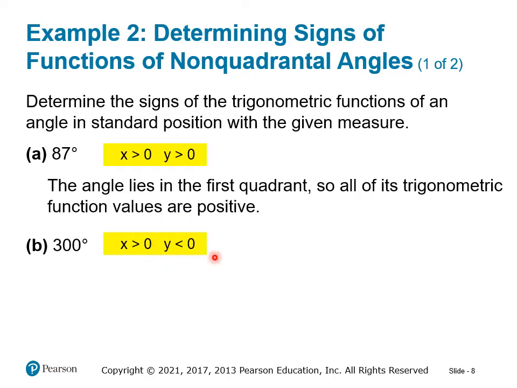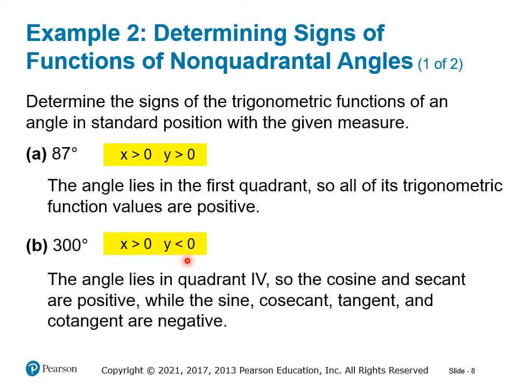Sine is negative because y is negative, and because x and y are different signs, then tangent will also be negative. Okay? So sine, cosecant, tangent, and cotangent are negative. Once we have that, sine and tangent and their reciprocals are the same sign, and cosine and its reciprocal are both positive.